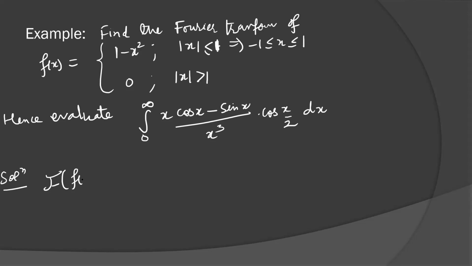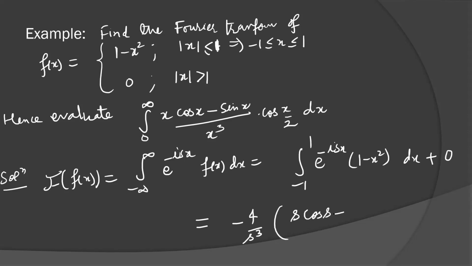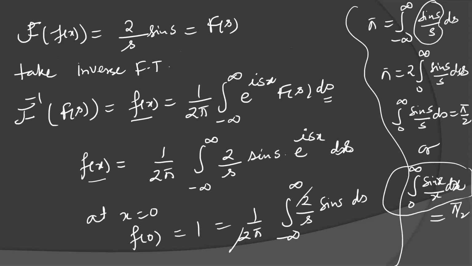Fourier transform of any f(x) is equal to minus infinity to infinity e to the power minus isx f(x) dx. But between minus 1 to 1 we have the value of f(x) as 1 minus x square dx, and elsewhere I have 0. So if you integrate it, you will get minus 4 by s cube, s cos s minus sin s, and I'm calling it capital F(s).